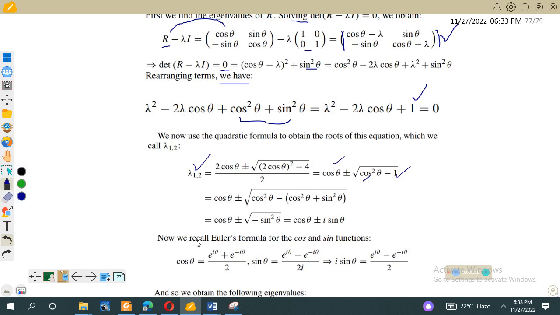Now, if we recall the Euler formula for the cos and sin functions, we know that cos theta is equal to exponential iota theta plus exponential minus iota theta over 2, and sin theta is equal to exponential iota theta minus exponential minus iota theta over 2 iota.